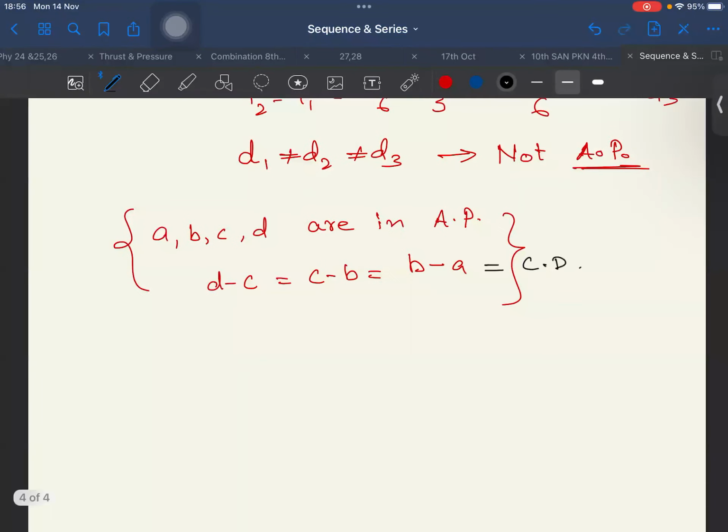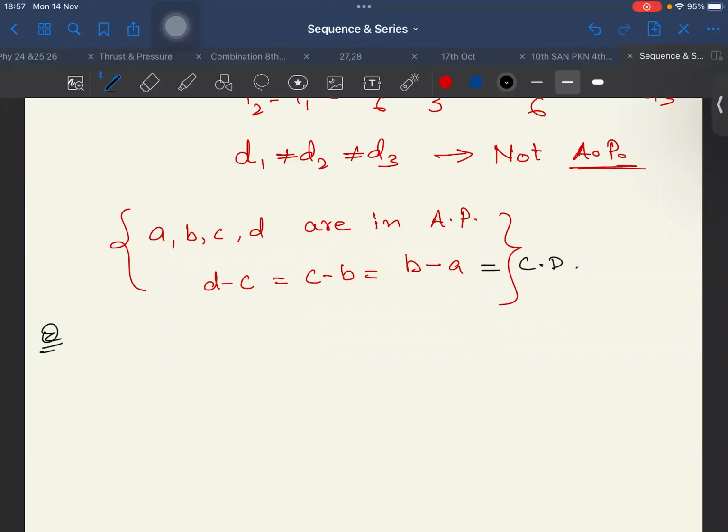Now, find the AP, or find the arithmetic progression, if the first term T1 is 0, and the common difference, usually denoted by D, is 5. The first term is also written as A sometimes.